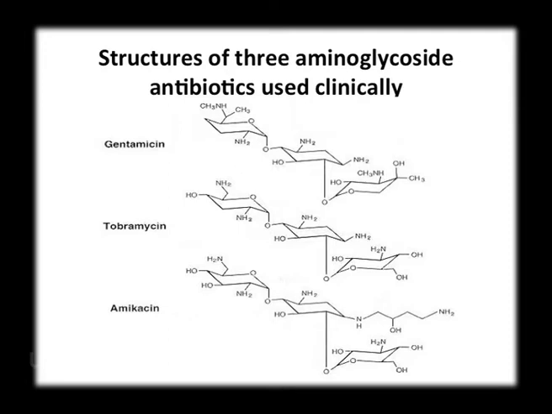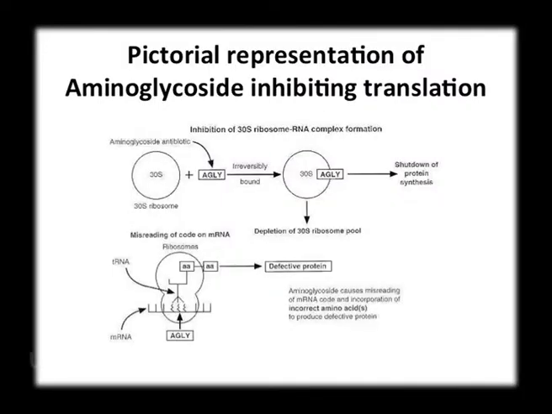Initially, when the aminoglycosides were discovered, it was seen how they inhibit the protein biosynthesis pathway. It was found that they bind to the 30S ribosomal subunit, and by doing so they inhibit the proofreading activity executed during protein biosynthesis, as a result of which it leads to misreading of the mRNA.